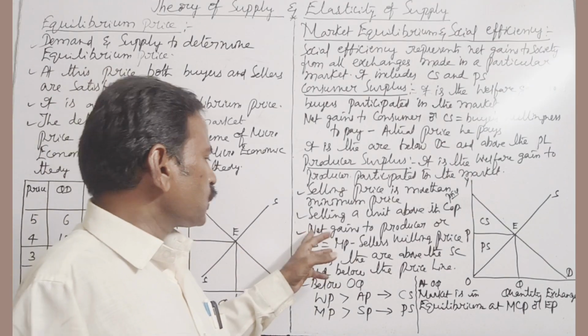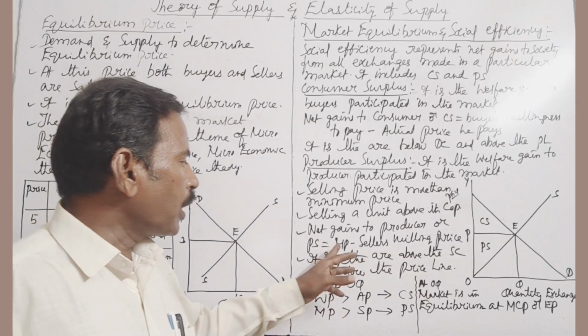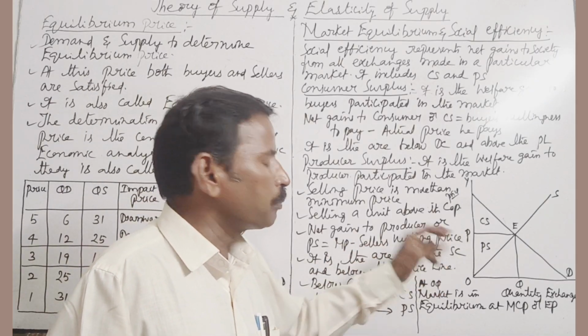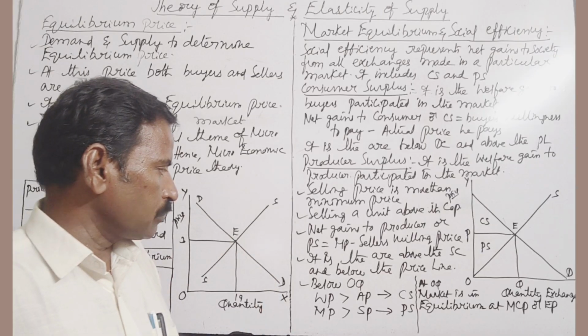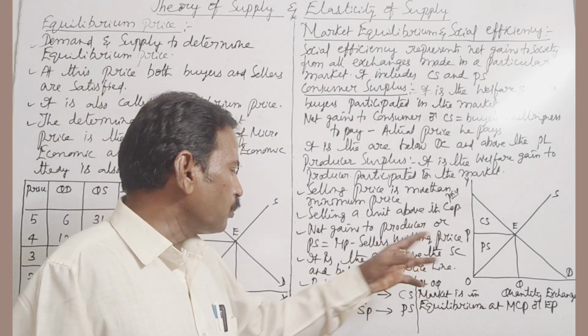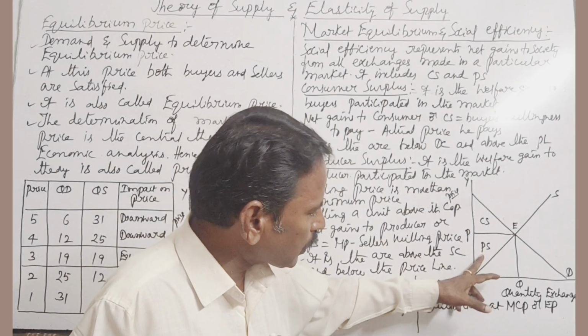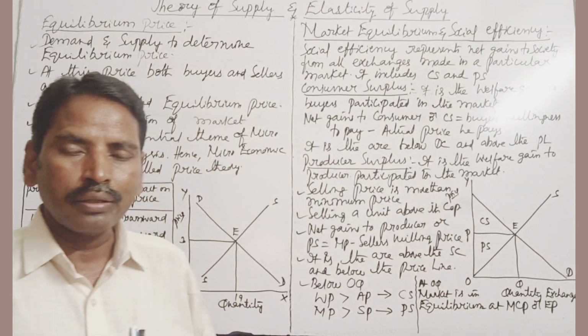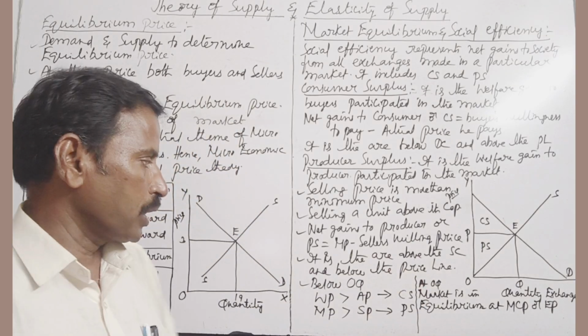Net gains to the producer, or producer surplus, is equal to market price minus seller's willing price. It is the area above the supply curve and below the price line. This triangle is called producer surplus.